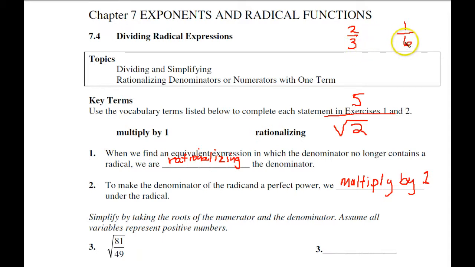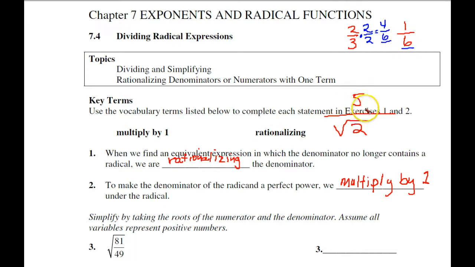In order to make this denominator a 6, the 1 we are choosing to multiply by is 2 over 2. Now, 2 over 2 is 1, but this makes an equivalent fraction of 4/6. Now they have the same denominator.